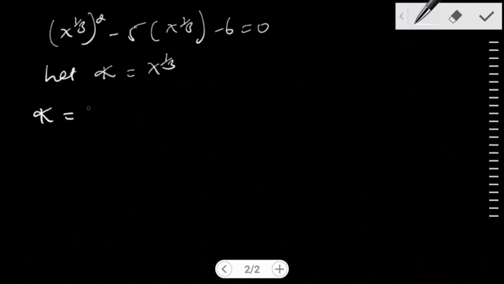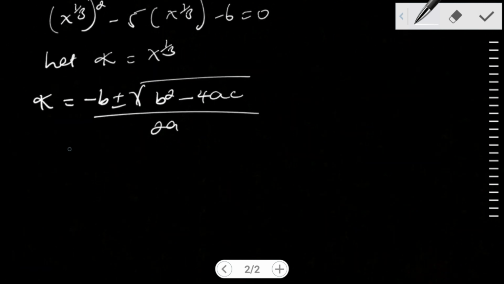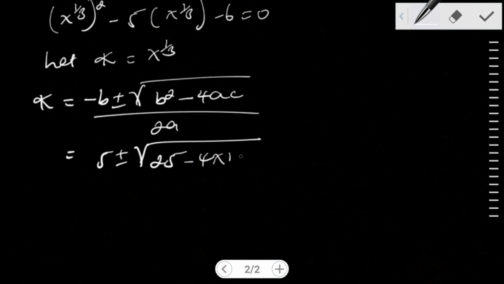And so we are going to say that k would be equal to negative b plus or minus the square root of b squared minus 4ac, divided by 2a, of which during my substitution I'm going to have negative b, which would be 5, plus or minus the square root of b squared, which would be 25, minus 4 times 1 times negative 6, all over 2 in this case.